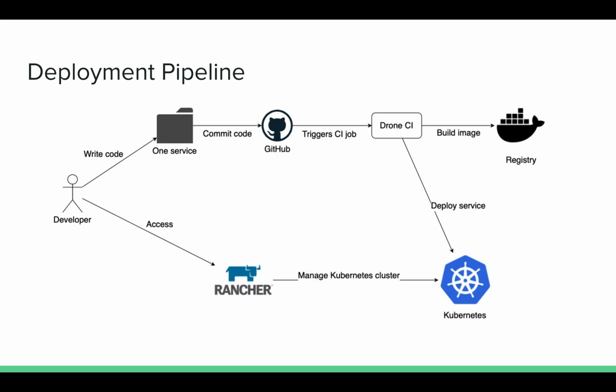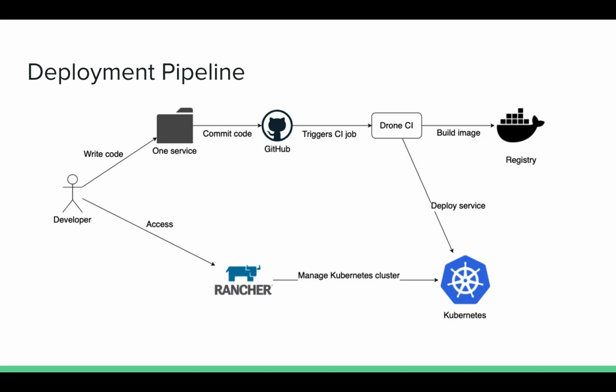The code will be committed to our Georgia Tech GitHub Data Scraper project repository. The push to the deploy branch will trigger the Drone CI, which will then run tasks like unit testing. If the tests are passed, then it will proceed to build Docker images and push to the Docker registry.